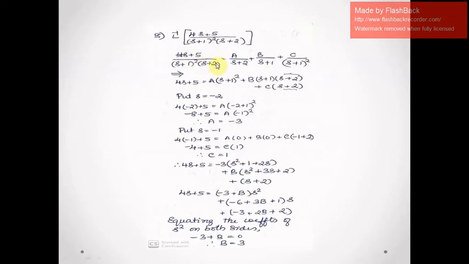S plus 2 is a linear one, so a by s plus 2. S plus 1 whole square, s plus 1 repeated twice, so that when I resolve into partial fractions, this becomes b by s plus 1 plus c by s plus 1 whole square. These two terms come when there is a repeated term. S plus 1 is repeated twice.